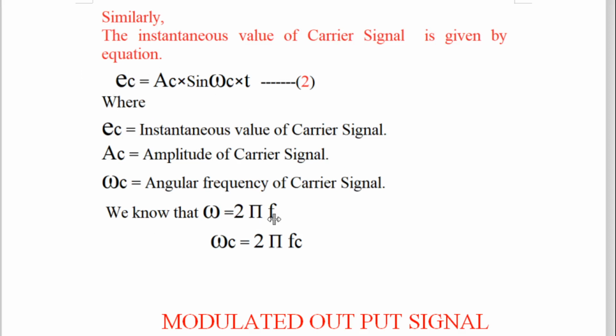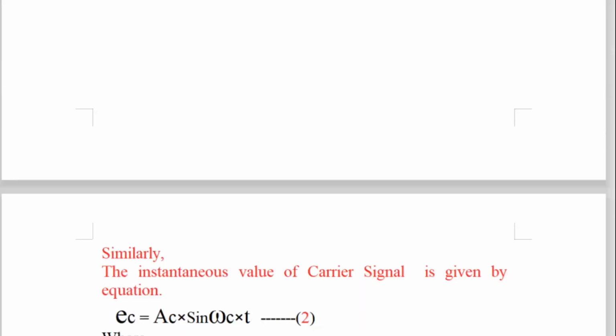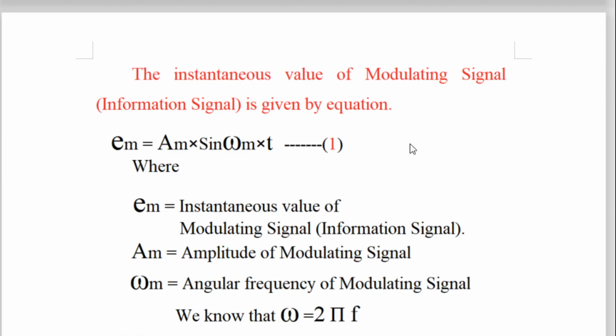Omega is equal to 2 pi f, therefore if you don't want to write omega c, you can substitute 2 pi fc. These are the two equations you have to remember, equation number 2 and equation number 1. Even if you don't write the notation, no problem, because it is understood that when you write this equation, you know everything in it.